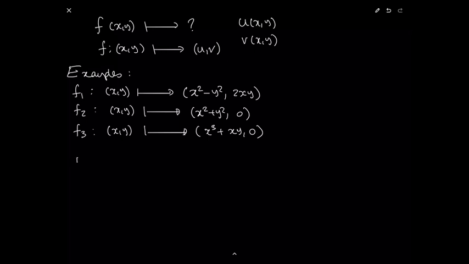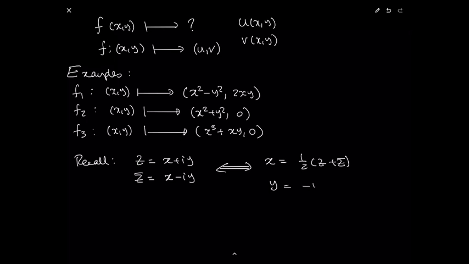So let's just recall that we have that z is x plus iy, and z bar is x minus iy, which means that we can invert this relationship and express x and y in the following way. Okay? Well, if we do that, we can go away and try and re-express these as functions of z and z bar. And what do we get?